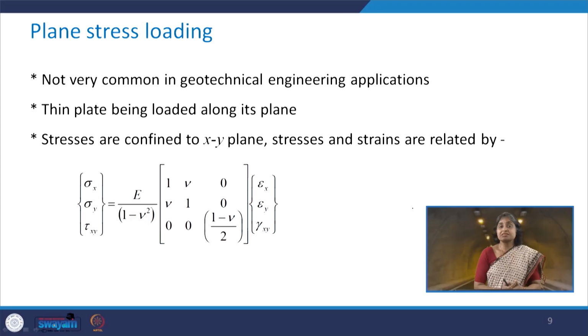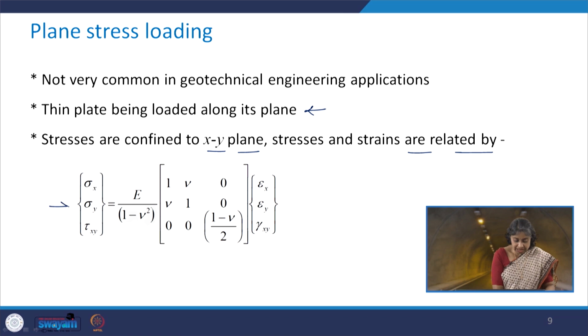Coming to the other type of loading, that is plane stress loading. This is not very common in most geotechnical engineering applications, and an example of such loading is a thin plate being loaded along its plane. In this case stresses are confined to the xy plane, and stresses and strains are related by this equation.